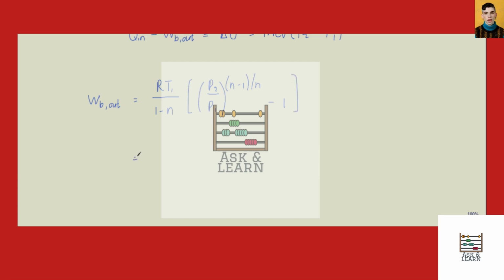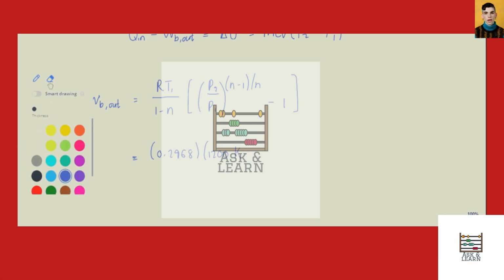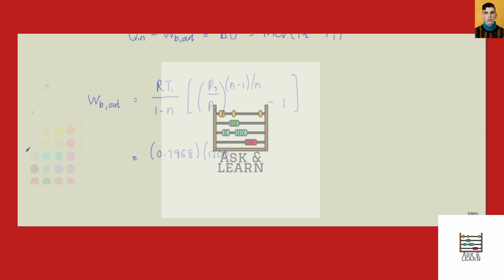So for this process, we can substitute our values since we have all these values. So we'll substitute the values and suppress the units. So R is 0.2968 for nitrogen. The temperature, T1, is 1200 Kelvin. Again, we'll just suppress the units here. These are all in SI units.